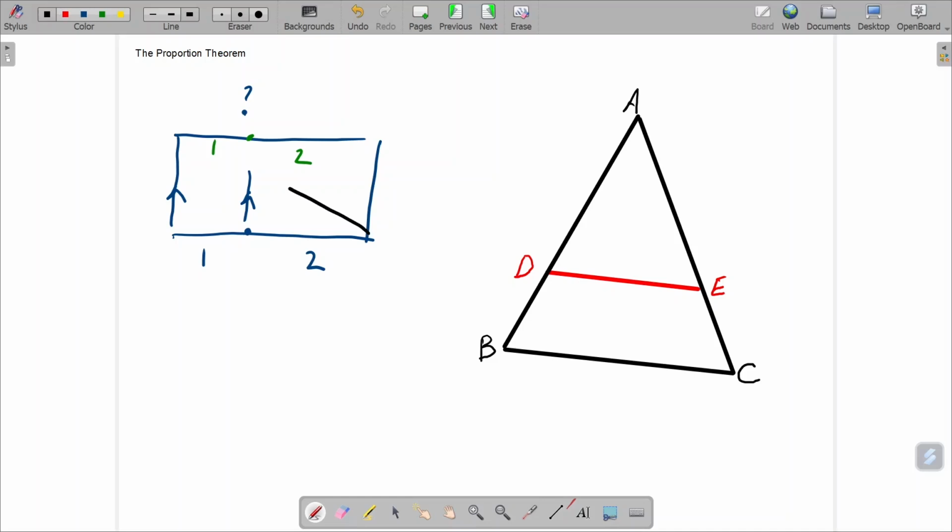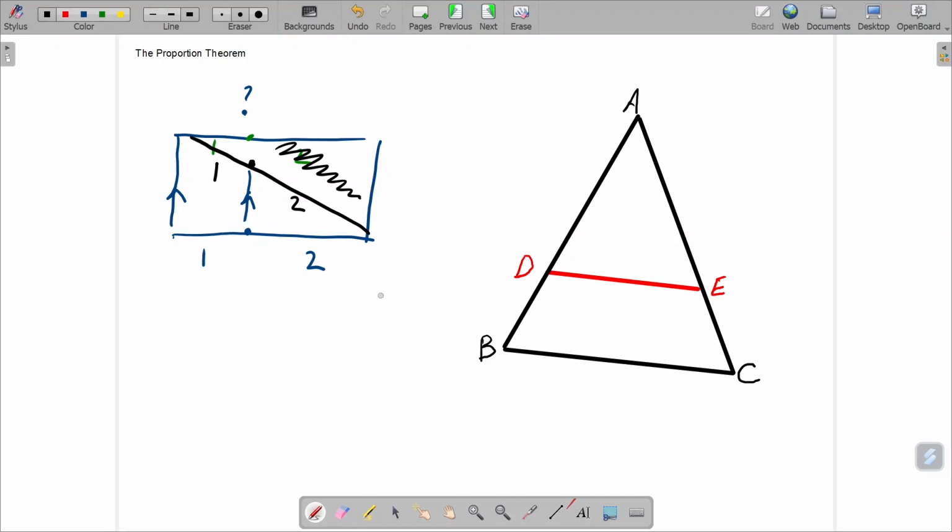Now, this idea works equally well if I was to slice this rectangle in half and remove the top half of the rectangle. It would still be true. I would end up on this far side of this triangle in the ratio of 1:2. Now again, you can see, hopefully, that these two lines are not the same length.